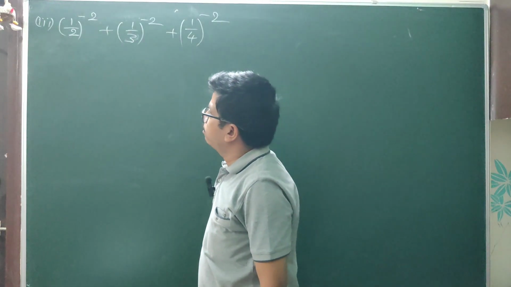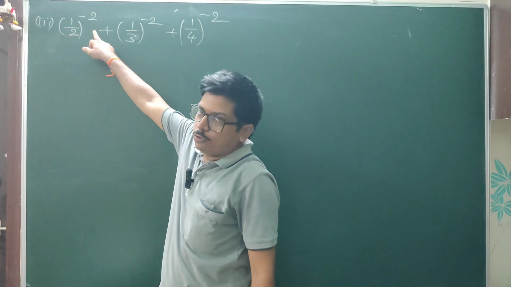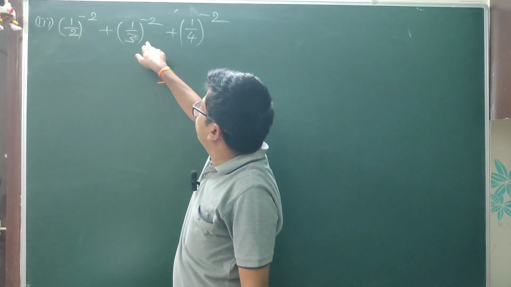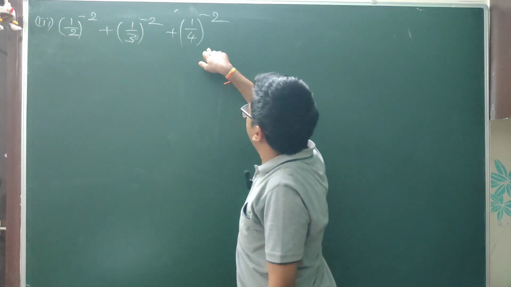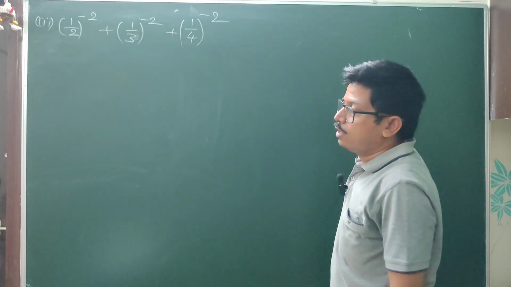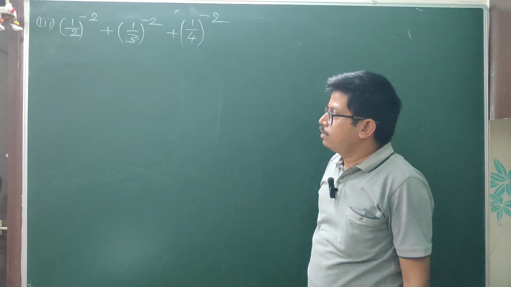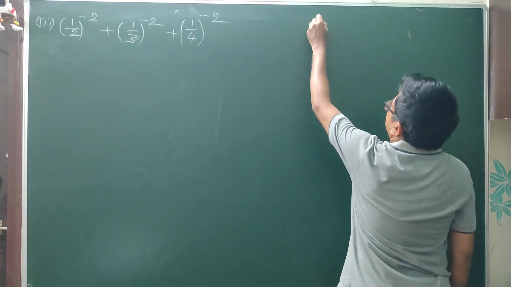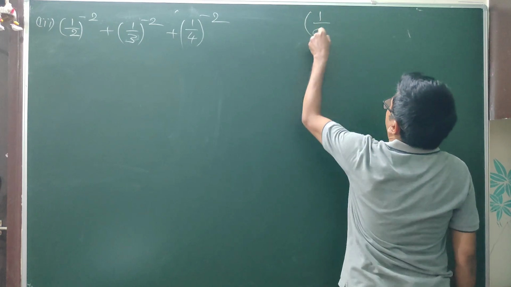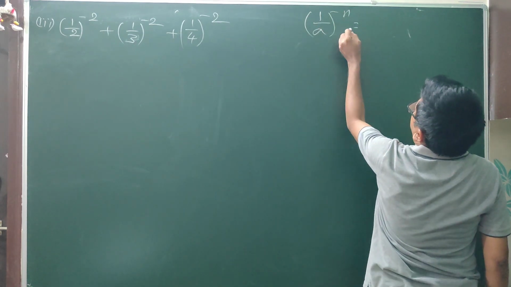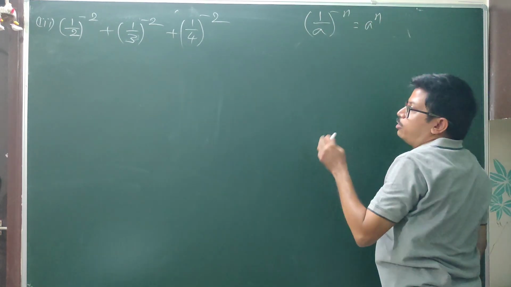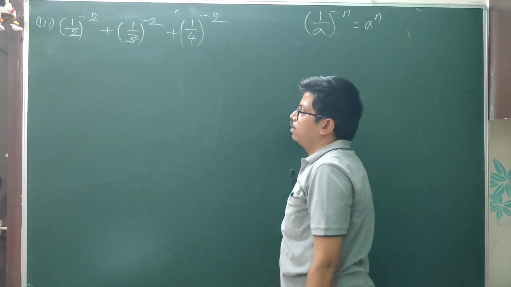Next, third question: 1 by 2 whole power minus 2 plus 1 by 3 whole power minus 2 plus 1 by 4 whole power minus 2. You can simply write them using 1 by a whole power minus n equal to a power n. You just remember this formula.